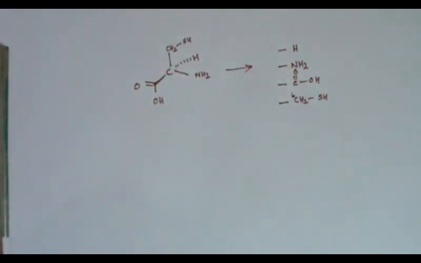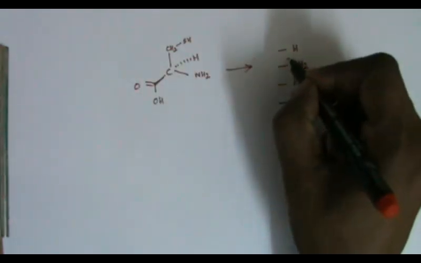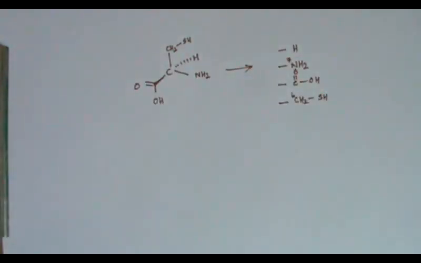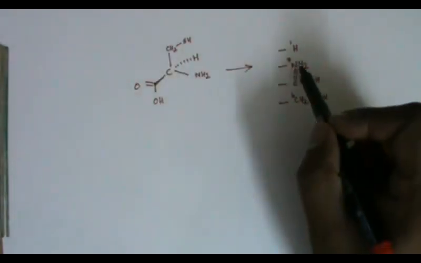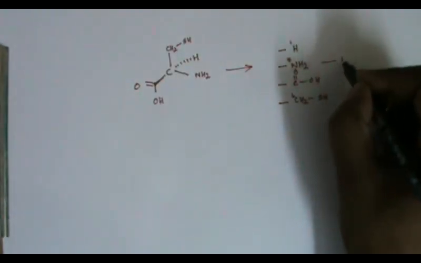What about NH2? N is attached to carbon. The atomic number of nitrogen is 7. For hydrogen, it is 1. Since this is the highest, this will get the highest priority.